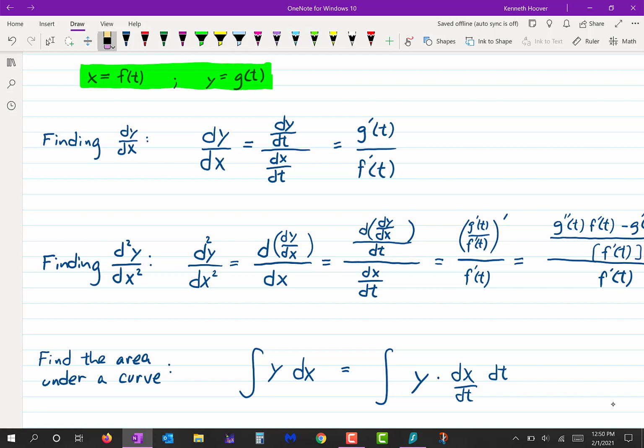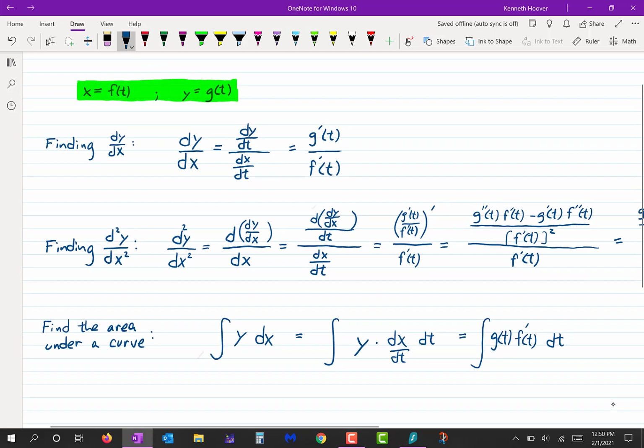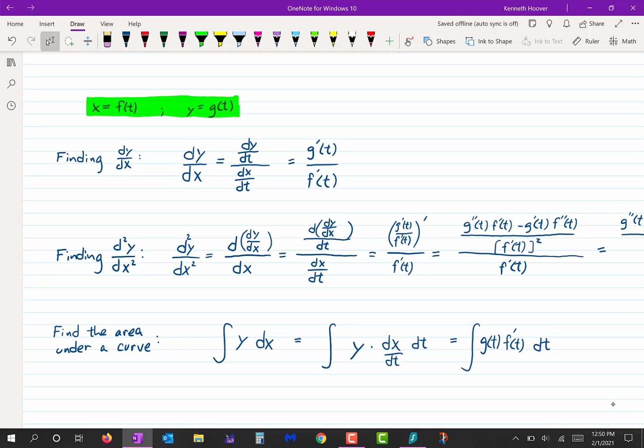Or if you prefer, you could write it as the integral of g times f prime, because that's dx/dt is f prime. That's how you find the area under the curve.